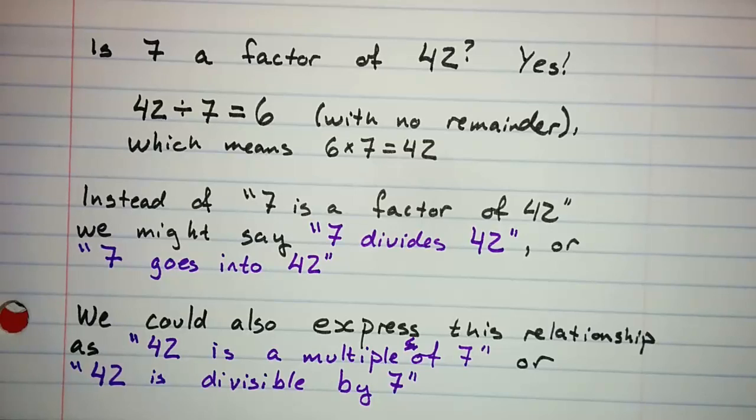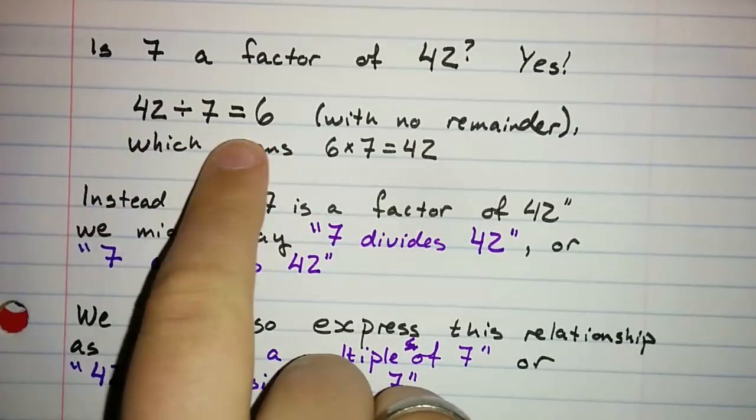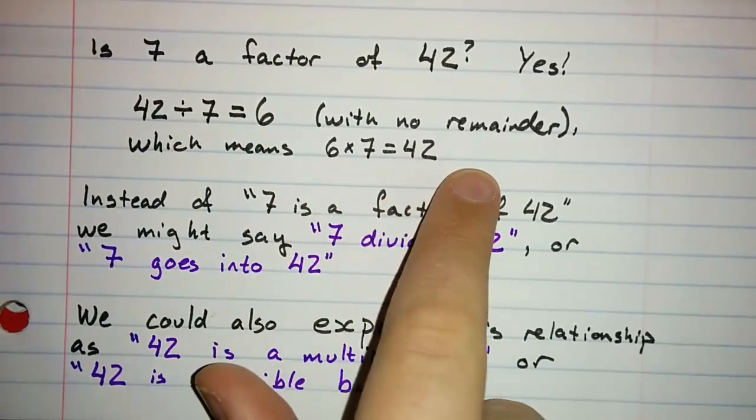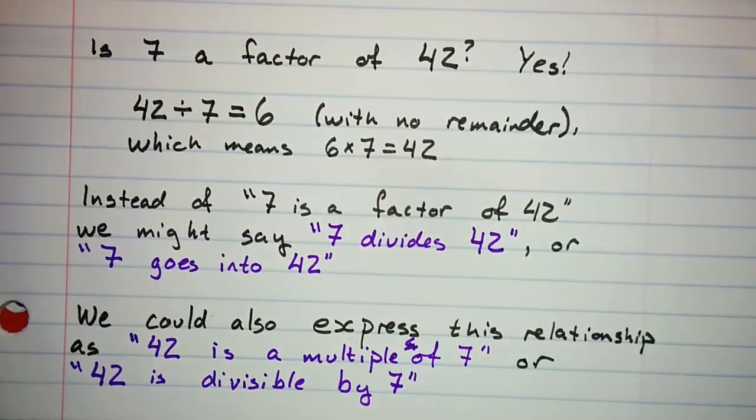But notice clearly where each number goes in the description of the relationship. And again, how do we check whether this relationship holds? We do division, or equivalently, we try to locate a multiplication sentence.